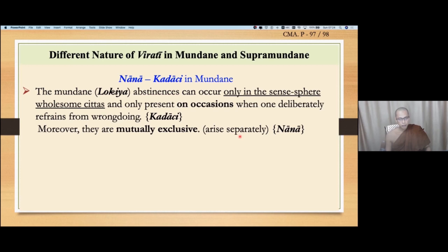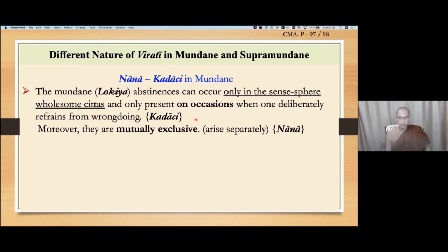And when an ordinary person or trainee performs meritorious deeds not related to any abstinence, like performing donation or meditation, at that moment none of the three abstinences will be present.